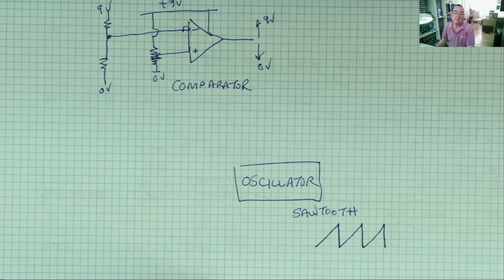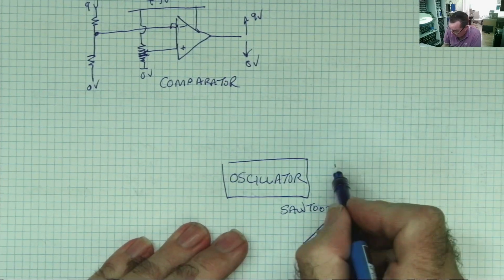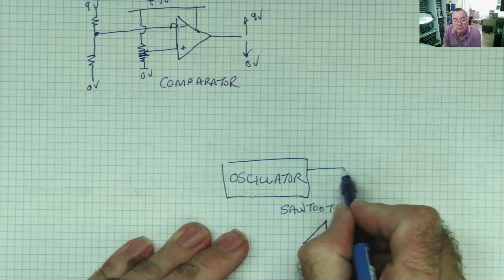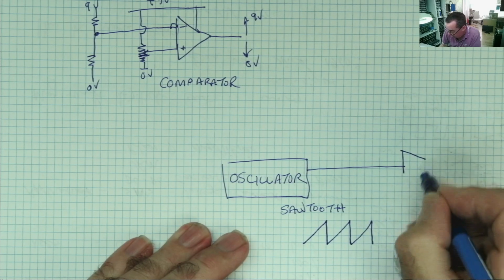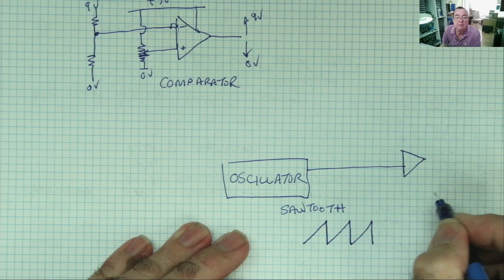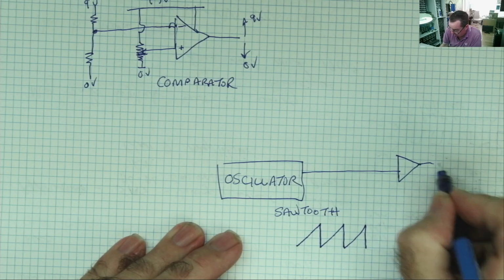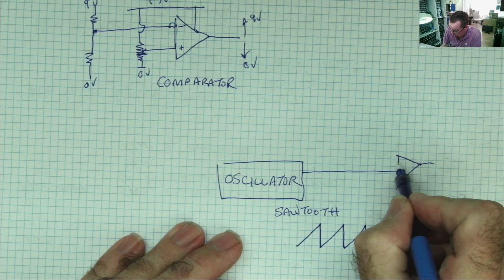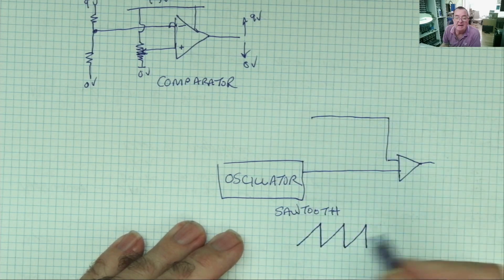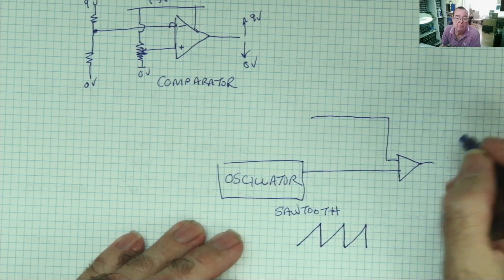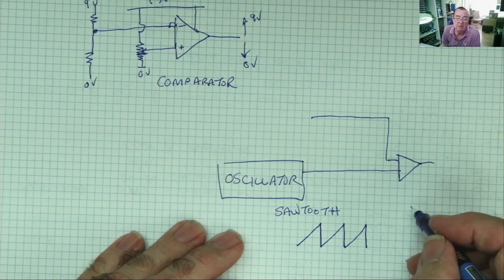That's a sawtooth. What we do is take our sawtooth and connect it to our comparator. That's out. The other input we connect to whatever signal we want to modulate the oscillator with.